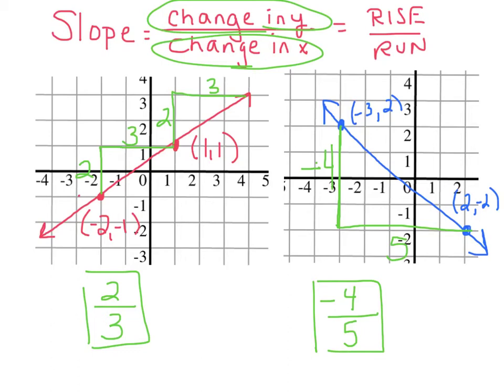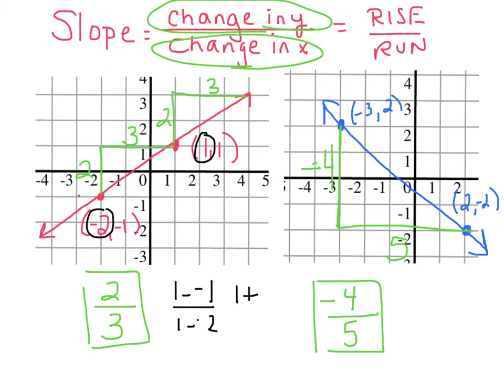If you did this mathematically, for change in y, now please don't make this difficult, all you do is subtract your y values. So you could do this. Let's subtract the y's here, 1 minus negative 1. And here we have our x values, which are 1 and negative 2. So 1 minus negative 2.